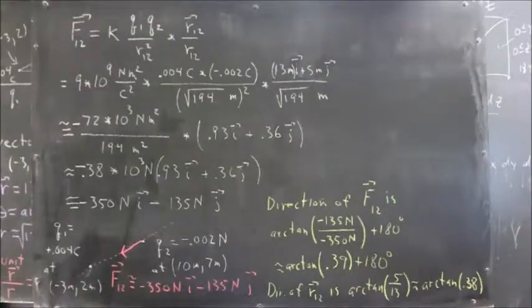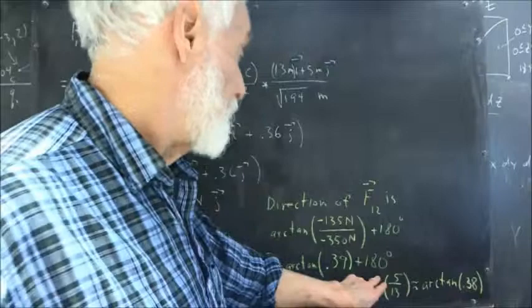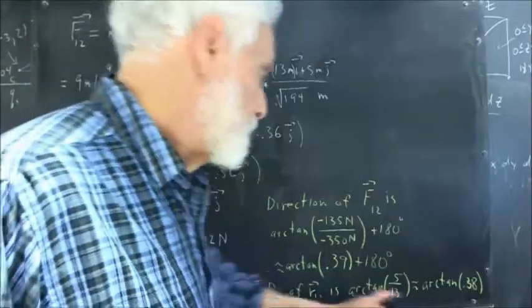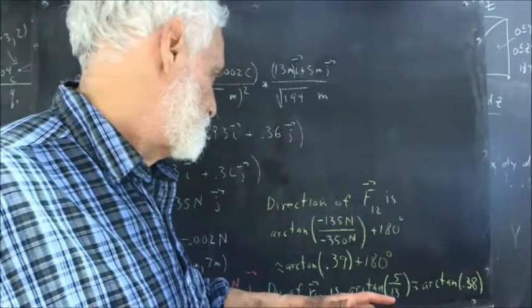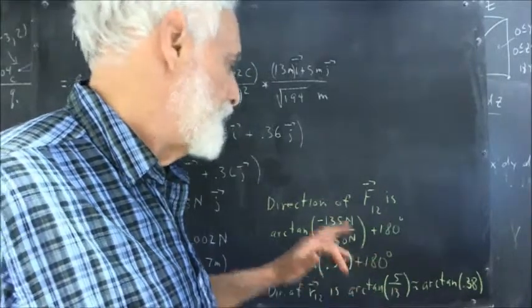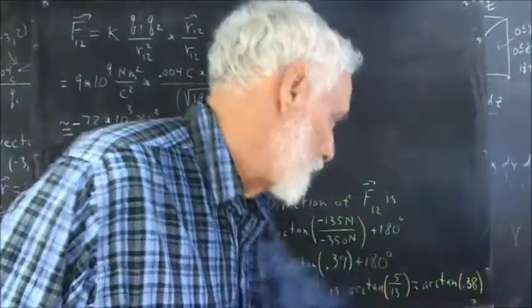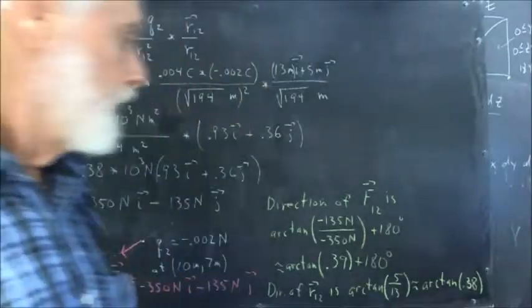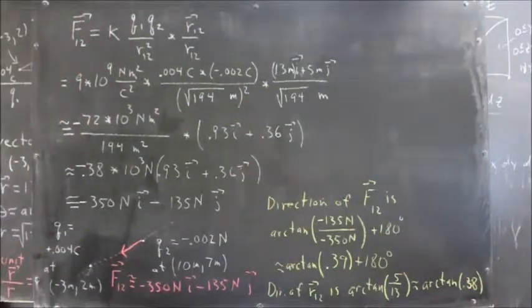And they're equal and opposite because the arctangent of whatever this number is plus 180 degrees is an angle that's 180 degrees opposite the arctangent of this angle, assuming this number and this number really are the same, and that proves that the two directions are indeed equal and opposite.